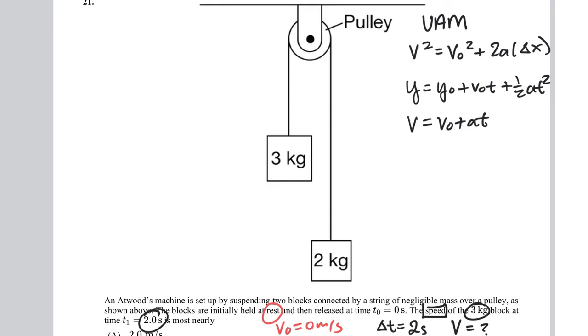Okay, so let's fill in what we have. We have V naught, which is 0. We need to find V. Time we have, change in time is going to be 2 seconds. But we don't have acceleration.